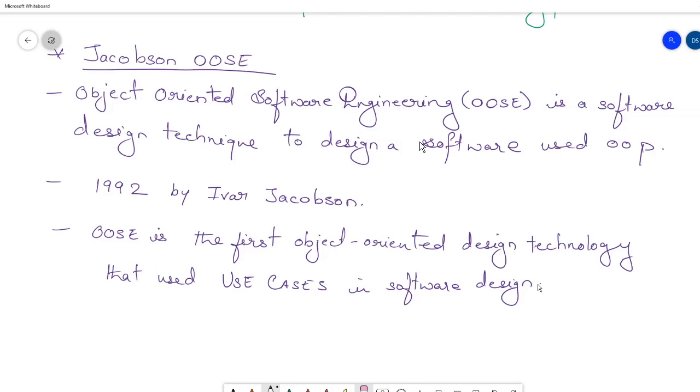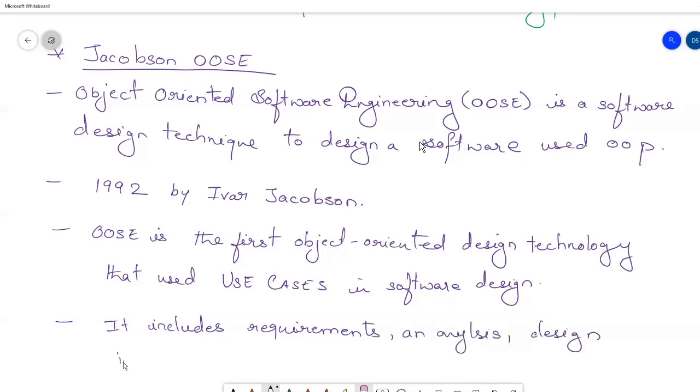He has included the requirements, then analysis, design, implementation, and testing of the model. Okay, so these were the three techniques which would help you to design an object model.